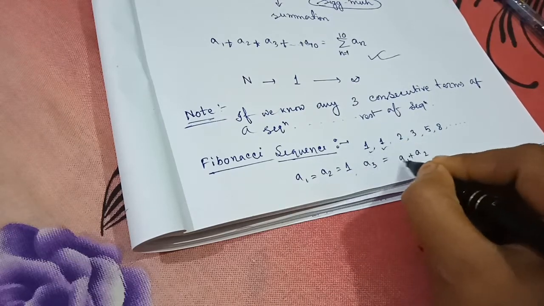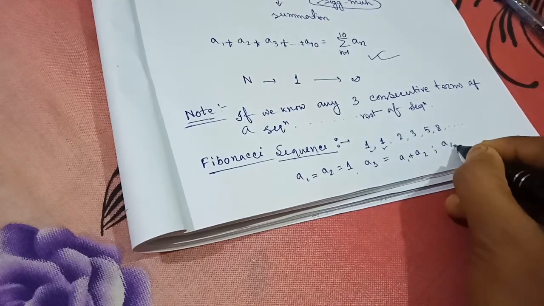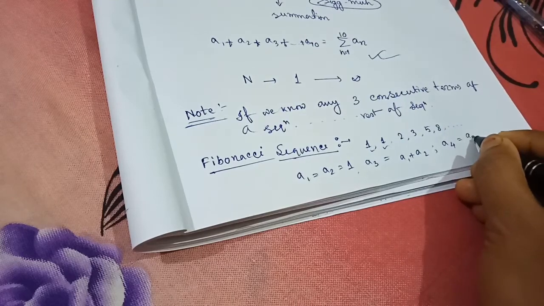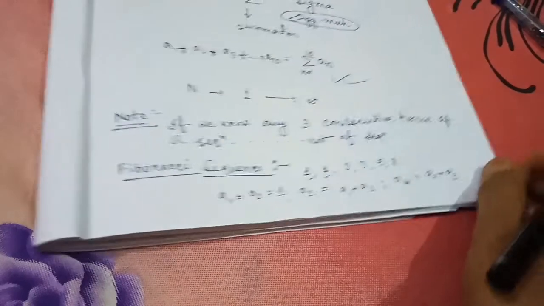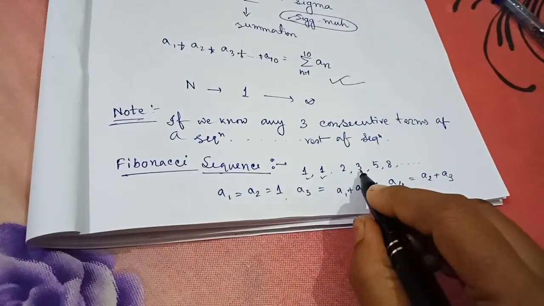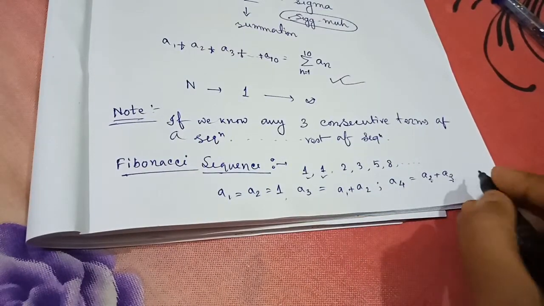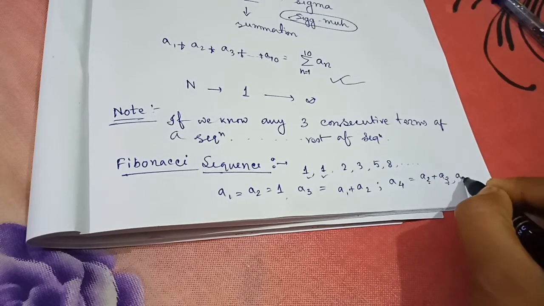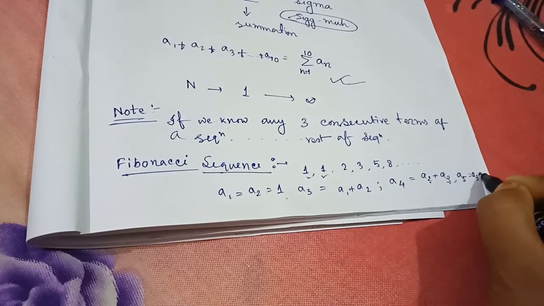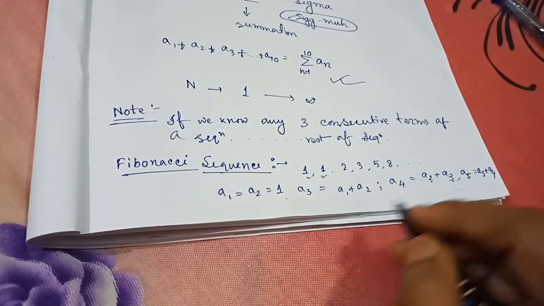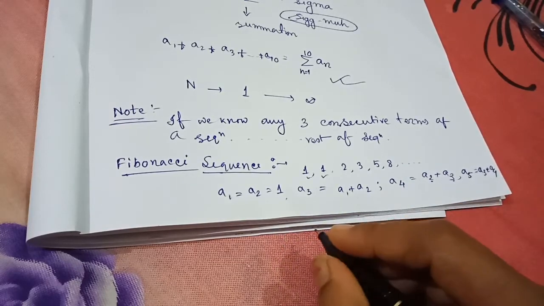Then a4 is a2 plus a3. Can you see it? And so on. To find a5, a5 will be a3 plus a4, like this.